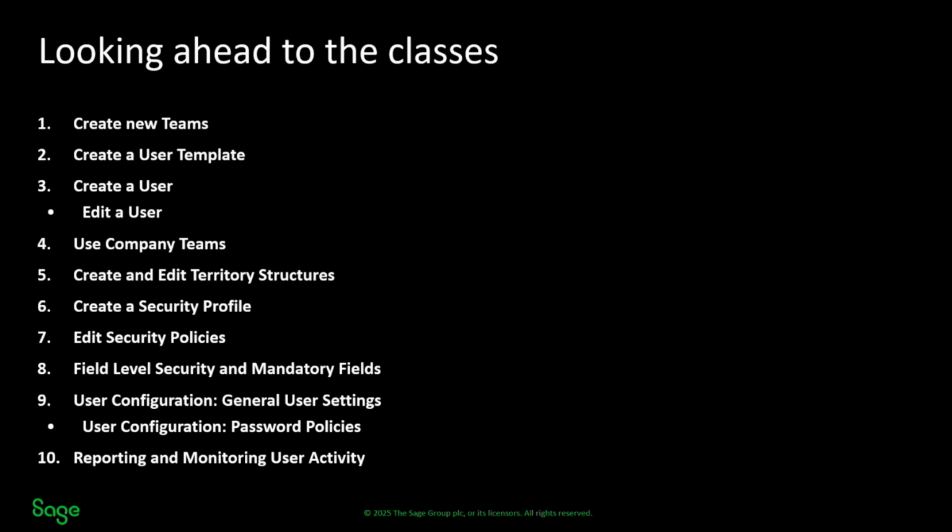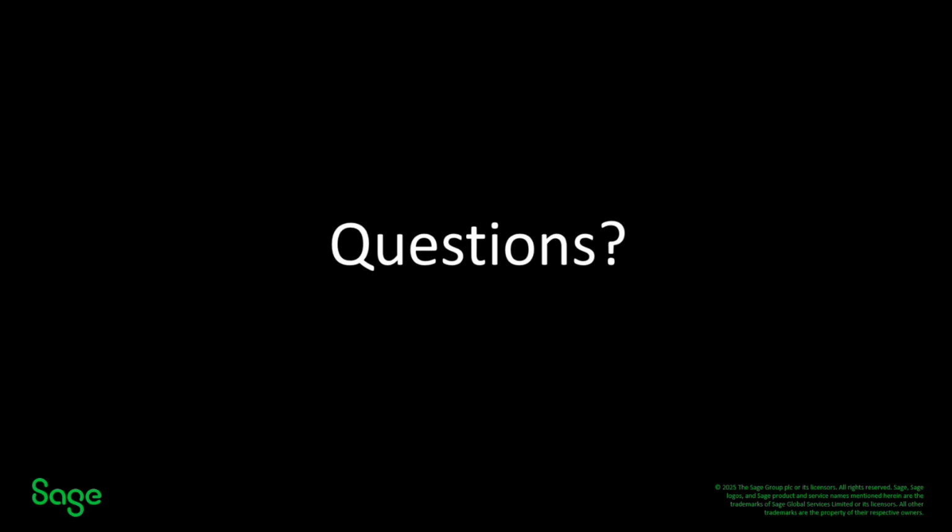That security profile will allow us to define the rights over the different entities. So coupled with the visibility rights that the security territory provides, the security profile will determine what actions we can take on that data. So this is where we are now, and I wonder whether anyone has got any questions.